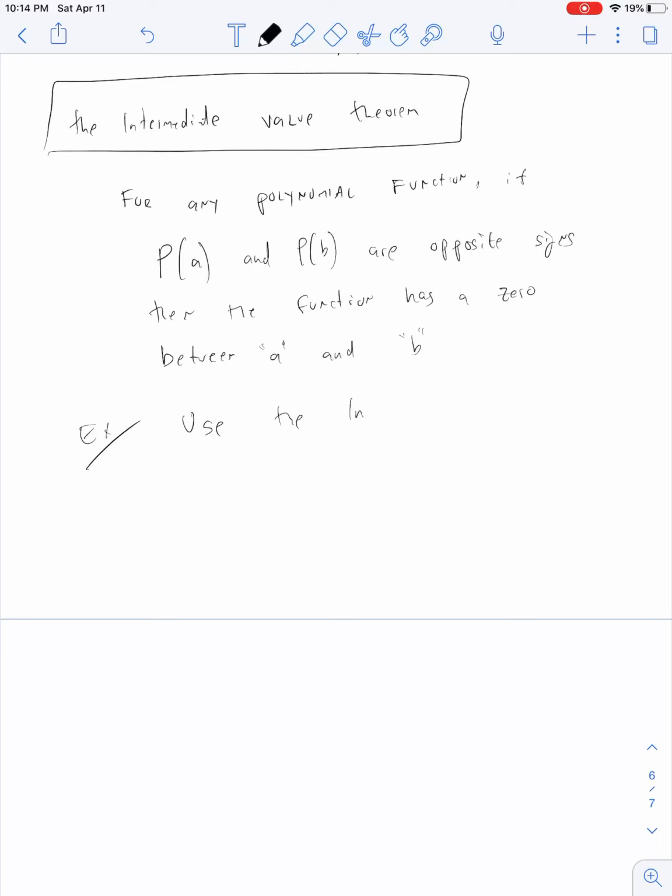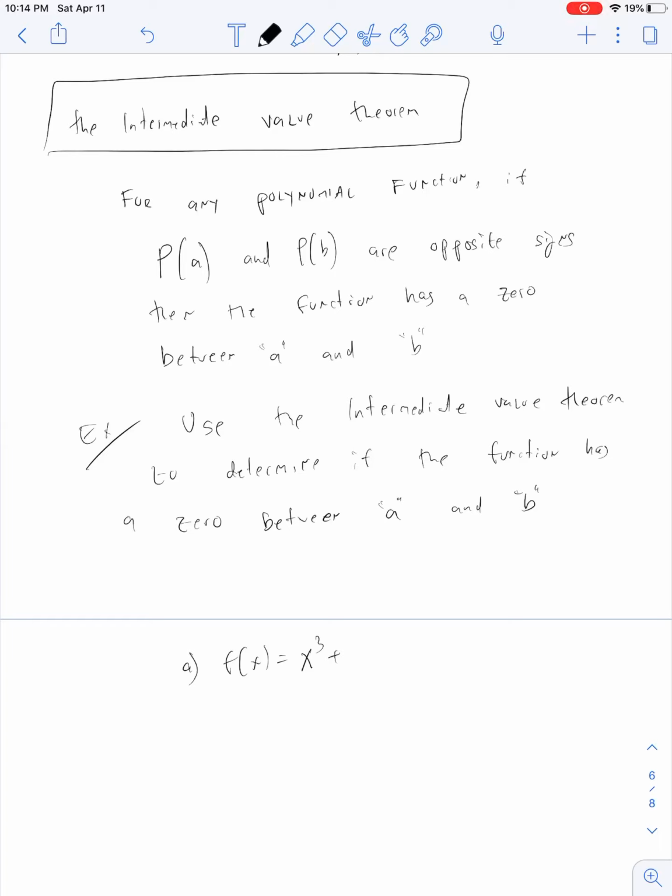So example, let's use the intermediate value theorem to determine if the function has a 0 between A and B. All right, I say f of x equals x to the third plus x squared minus 6x.